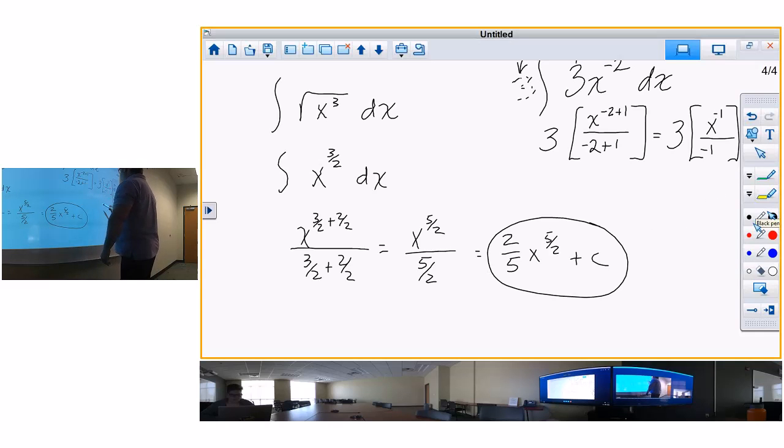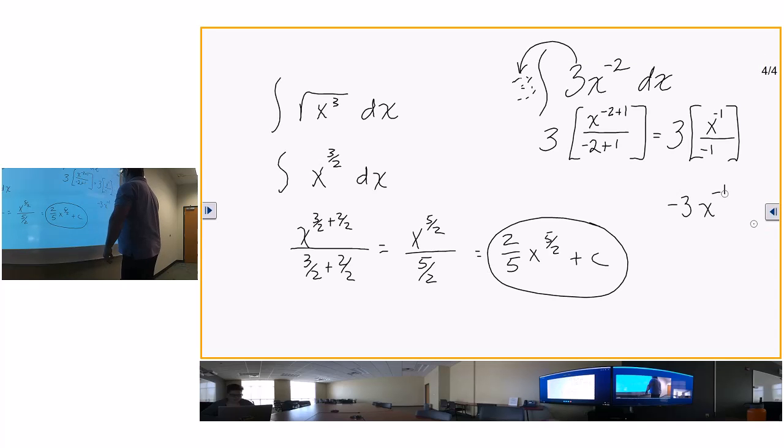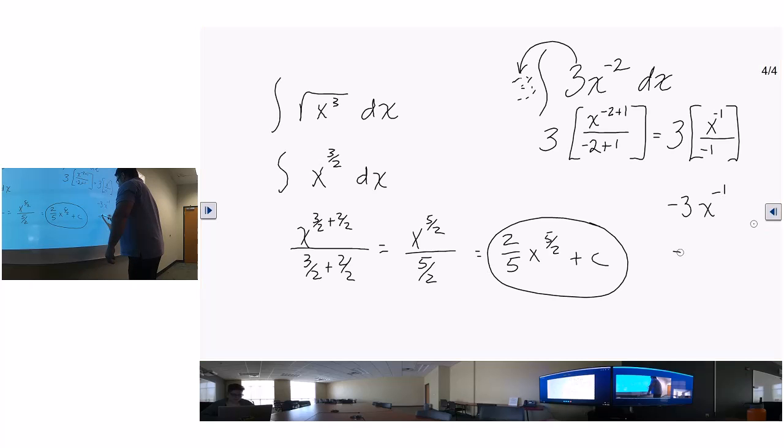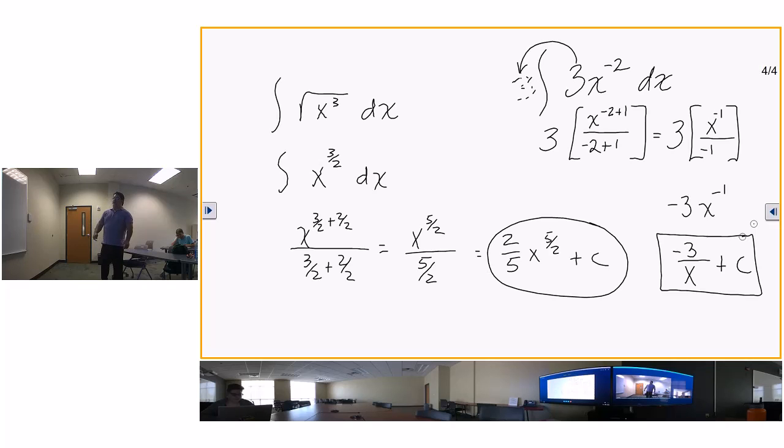That negative times that's going to be -3x to the -1. And what do we do with that -1? Take it downstairs, Hubert. And you can put that negative out front if you wanted to. Make it -3 over x if you wanted to. It doesn't matter. Thank you for correcting me on that. Sorry. -2 plus 1 is -1, not 1.